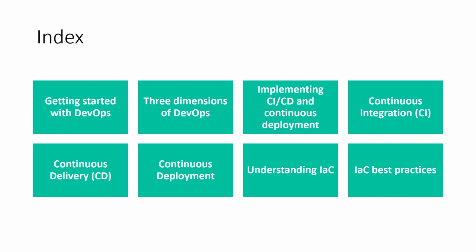Then we will look into CI/CD practices, and will understand IaC, and finally we will detail IaC with its patterns and practices. So in this chapter, broadly we will cover understanding DevOps, implementing CI/CD and continuous deployment, and understanding IaC, infrastructure as code.